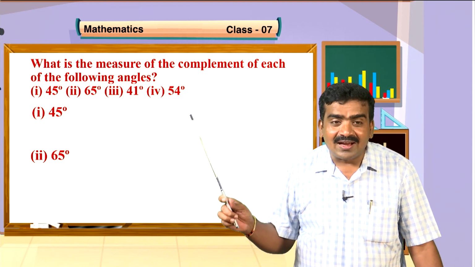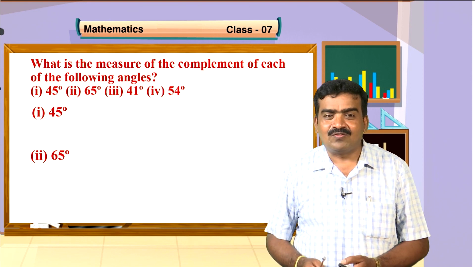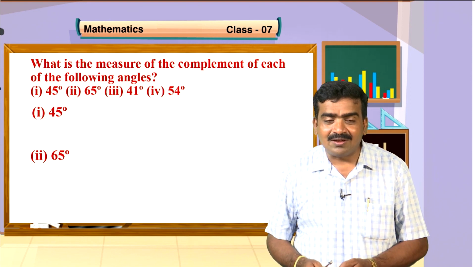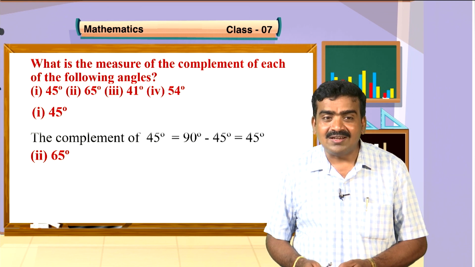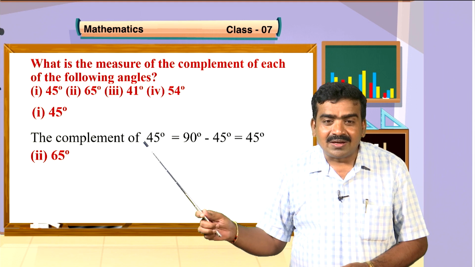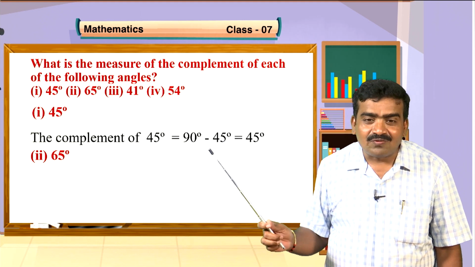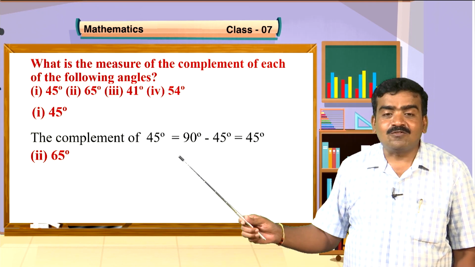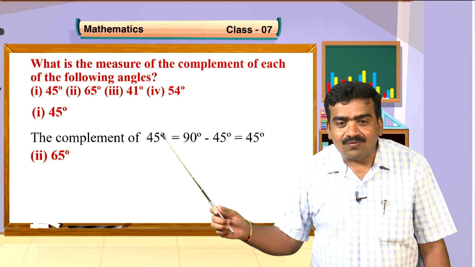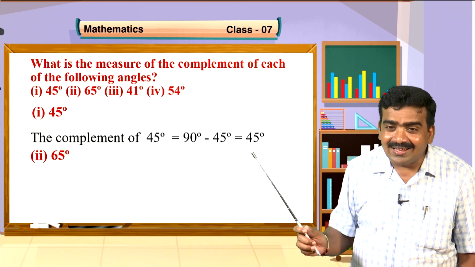We have to calculate the complement of 45 degrees. We have to subtract 45 from 90 degrees. Therefore, the complement of the 45 degree angle is 45 degrees only.